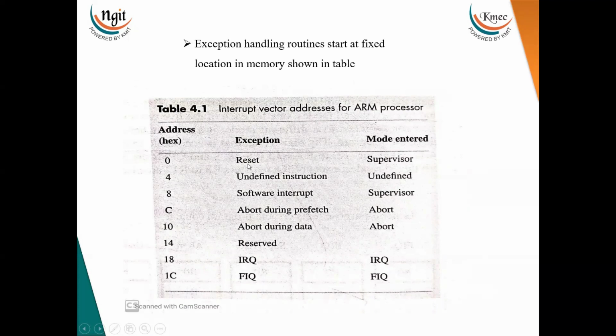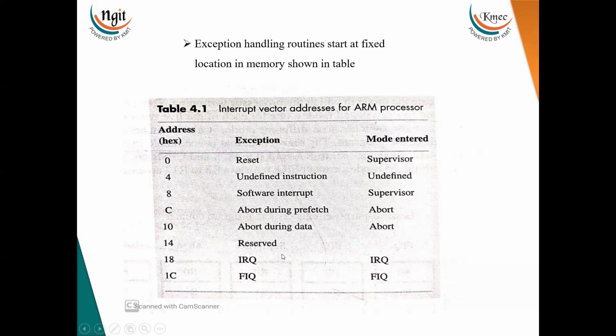Now, if the reset happens, then it will switch to the supervisor mode. If an undefined instruction is given in the program, then it will switch to the undefined mode. If the software instruction is executed, at that time it will switch to the supervisor mode. If a prefetch abort or data abort error occurs, then at that time it will switch to the abort mode.